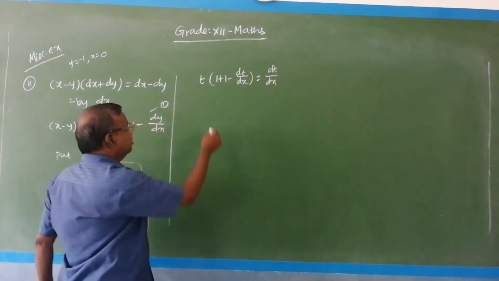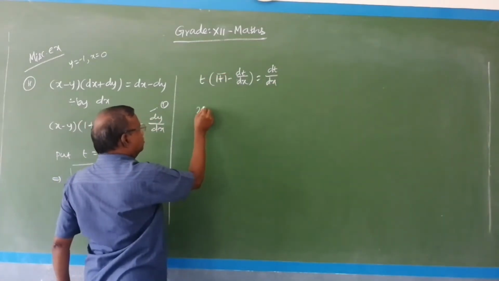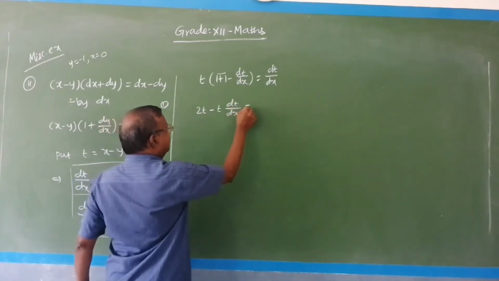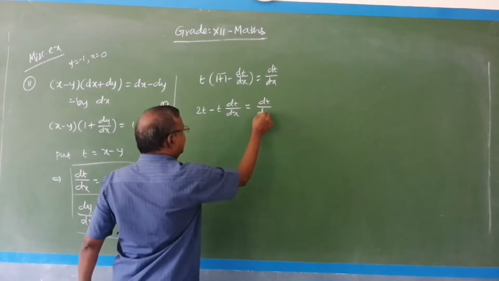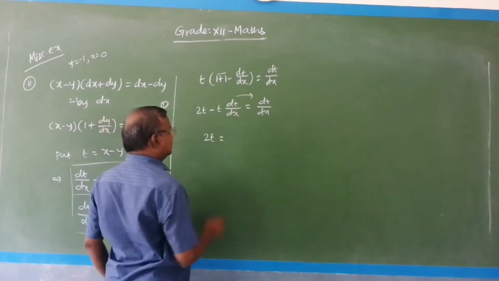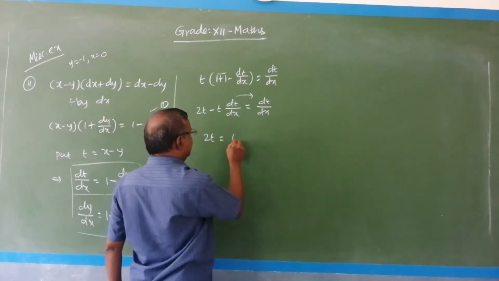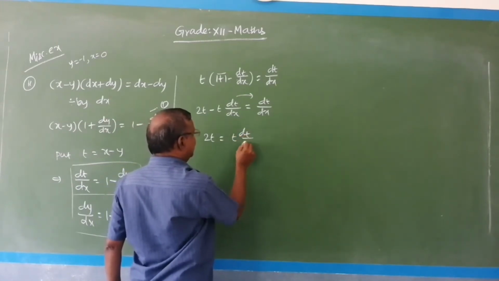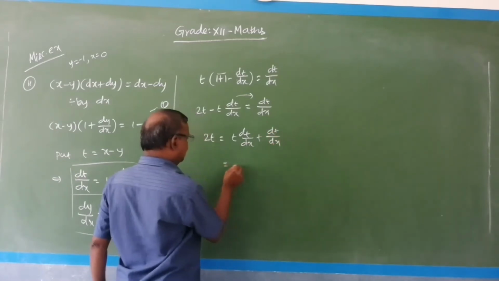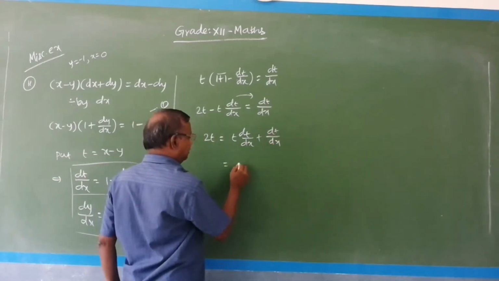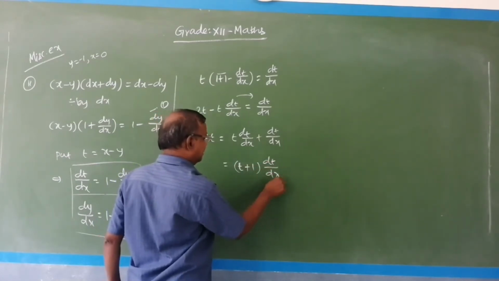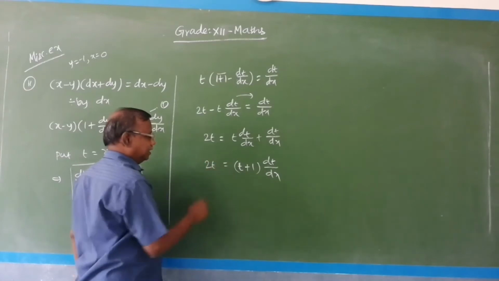So this is (2 minus t) into dt by dx equal to dt by dx. So bring the term here: 2t equal to t into dt by dx plus dt by dx, or (t plus 1) into dt by dx equal to 2t.